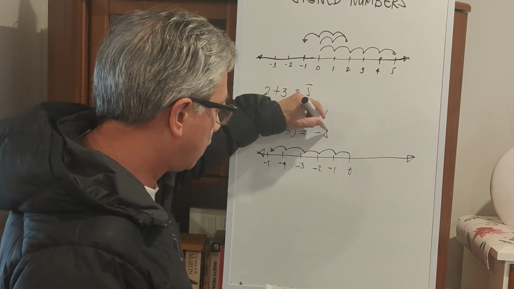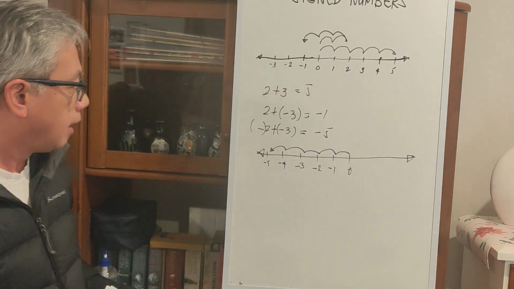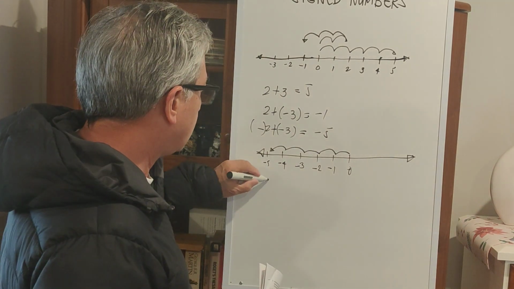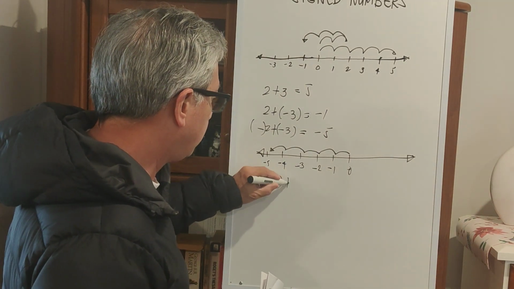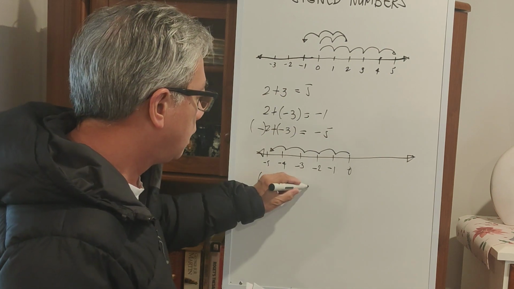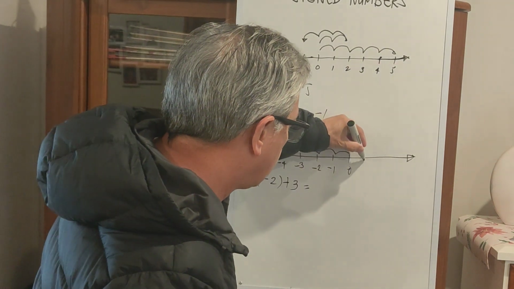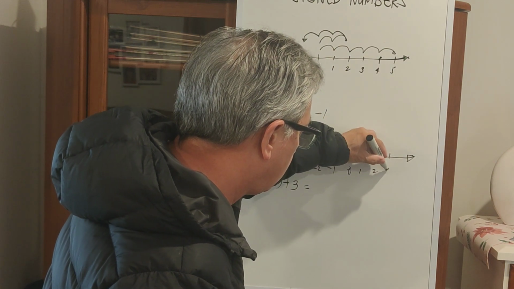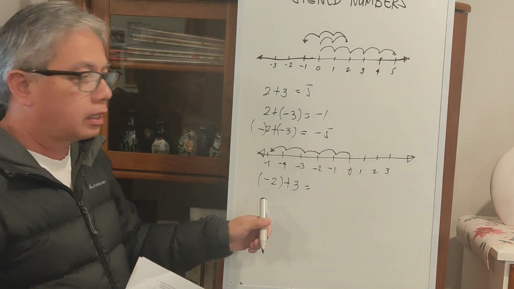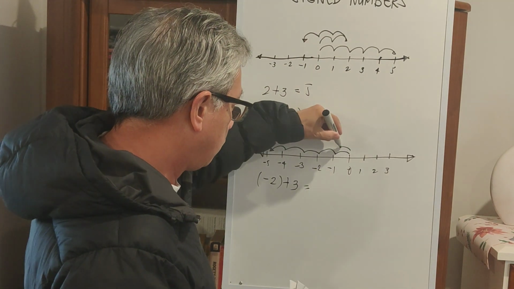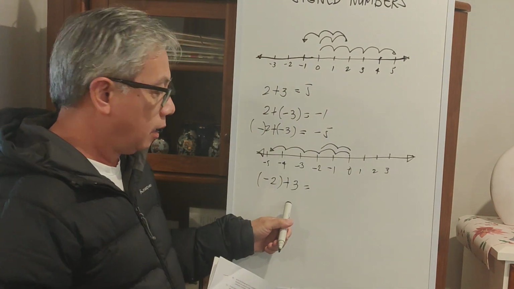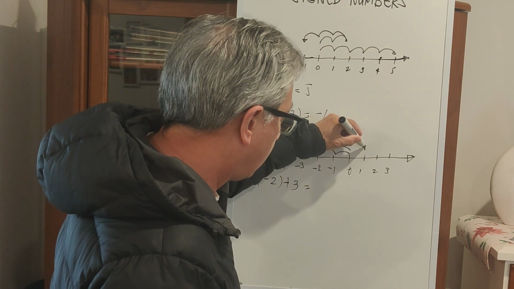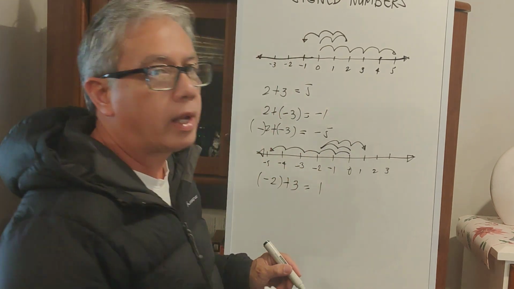So you get -5. Now if you add 3 to -2, you have -2 from 0, 1, 2, and then you add 3. So you go to the right, 1, 2, 3. The answer will be 1.